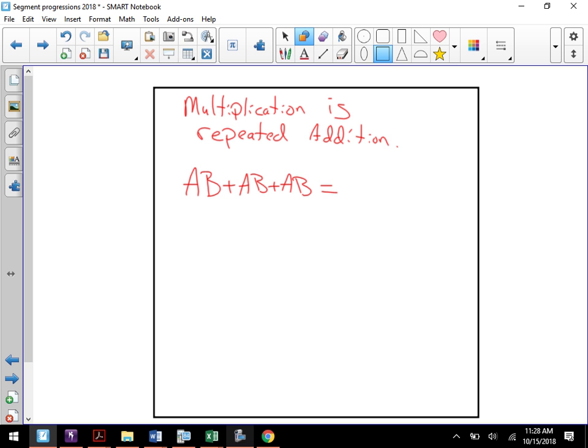So if AB happened to be 5 feet, what would all 3 of them add up to equal? 15. So you did 3 times 5, right? So isn't this the same thing as saying 3 times AB? AB plus AB plus AB, there's 3 of them, right? 3 times AB, same idea. This is just the definition of multiplication.